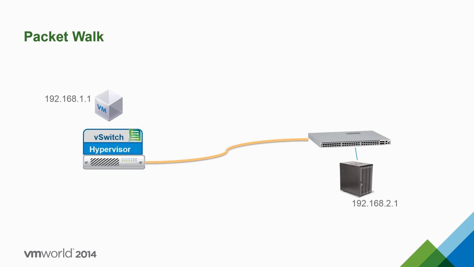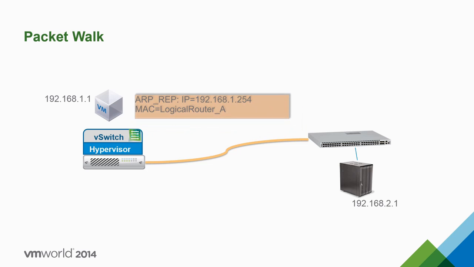And it presumably learned the address of its default router from DHCP or configuration. So it sends its ARP request, and that ARP request gets intercepted by the vSwitch. The vSwitch has been programmed by the controller to recognize what it should do. So when it sees this ARP request, it says, okay, I can act as the logical router for this network, so I'll take your ARP request and I'll reply to it.